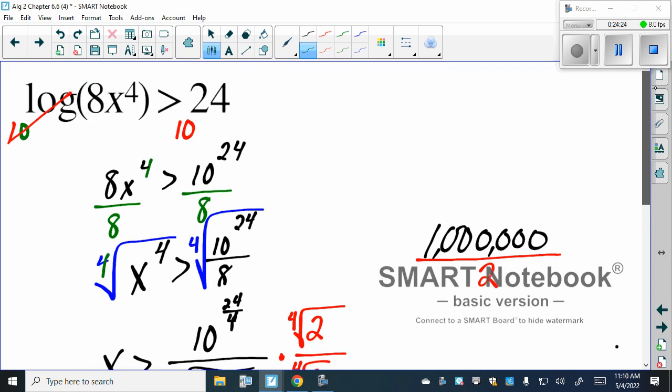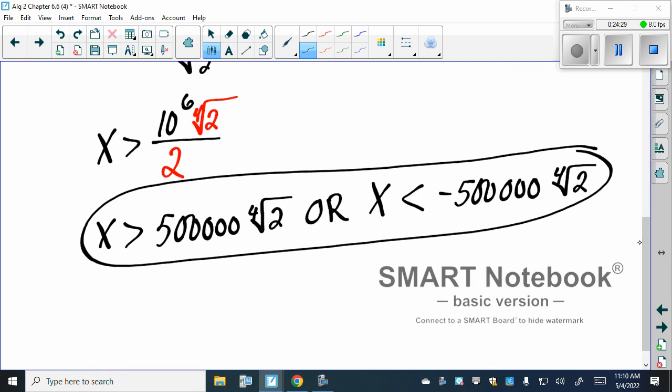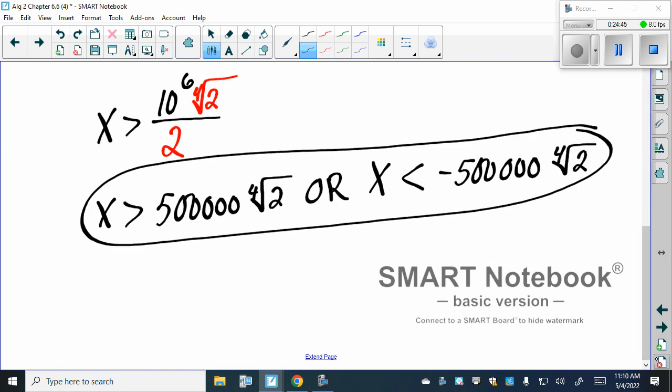We do have this or statement. Now again, what's inside the log cannot be negative, yes? But if we look back up here, our negative number is being typed into x to the 4th. Any even power is going to turn that negative into a positive. So we actually do get this or statement. Questions on this here?